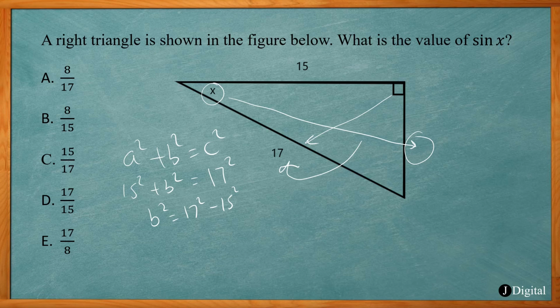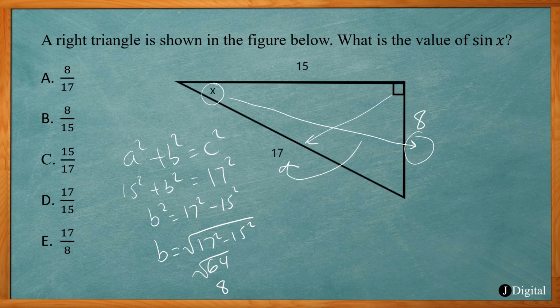And b will equal the square root of 17 squared minus 15 squared. In order to get b by itself, I had to take the square root of both sides. 17 squared minus 15 squared is 64, and the square root of 64 is 8. So this side is length 8.